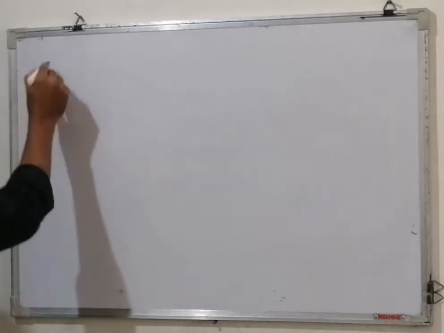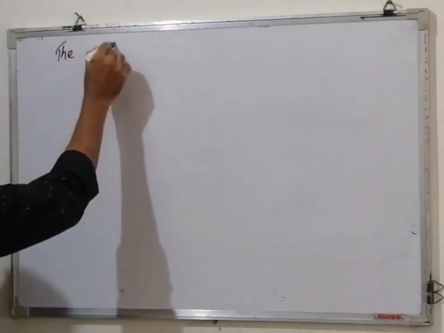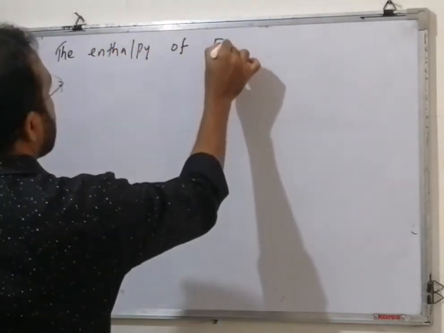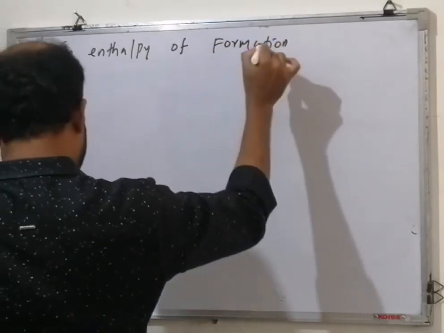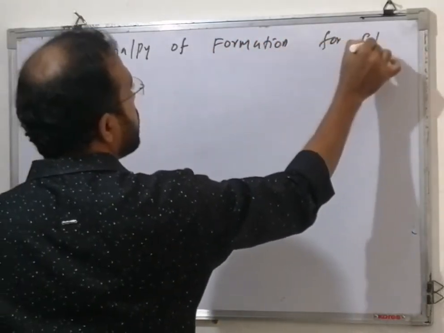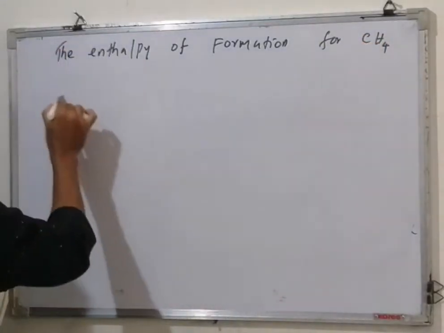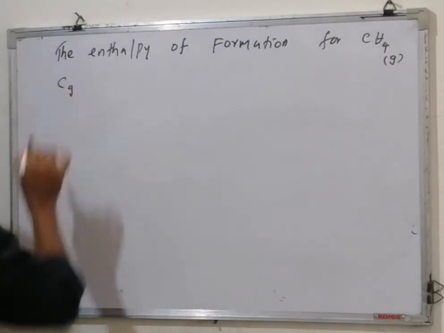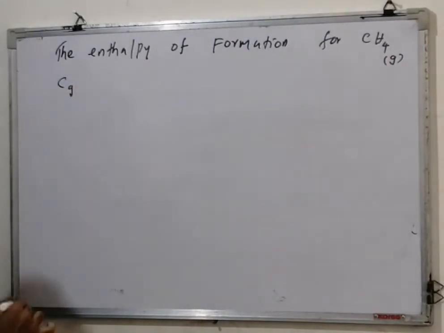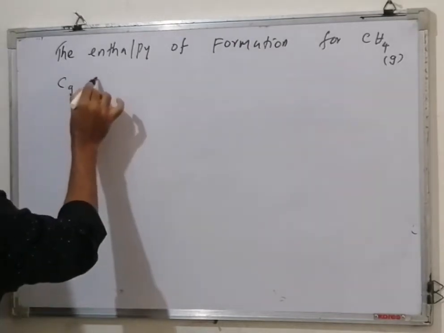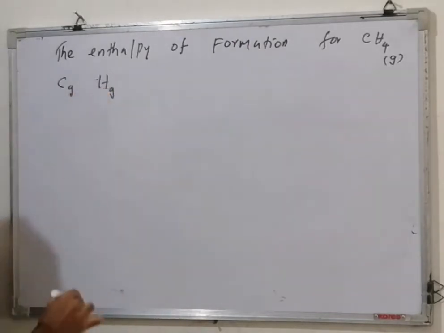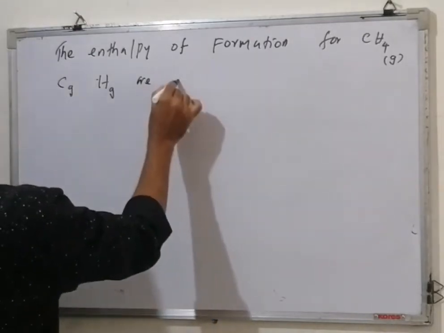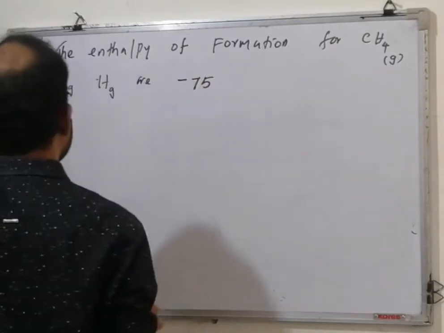The enthalpy of formation for CH4 gas, C gas and H gas are minus 75, 717 and 218 kilojoule per mole respectively.